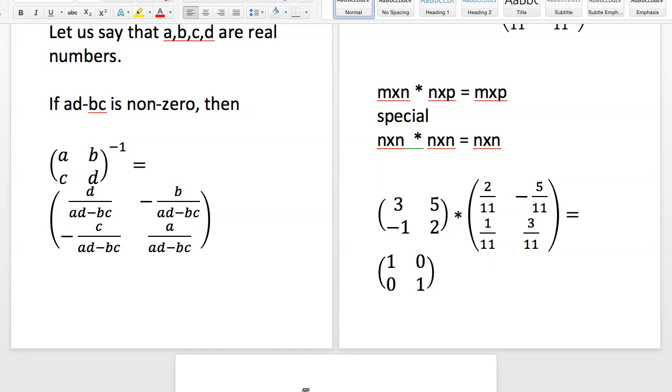Like for any 2 by 2 matrix, call it J, J times the identity just gives you J all over again. And if you go backwards, it's the same. Identity times J is still J. It doesn't matter which way. The identity acts like the number 1. It behaves like the number 1 multiplicatively.